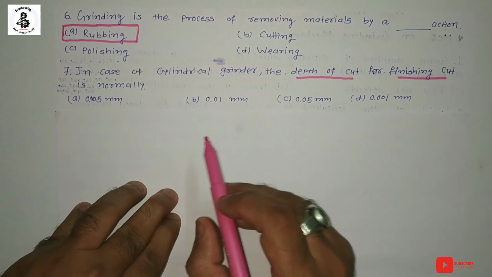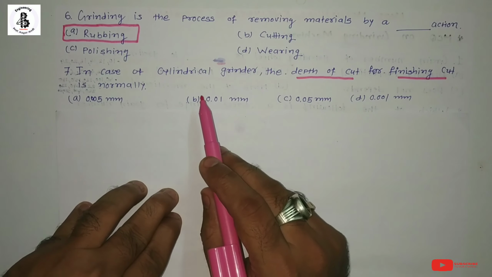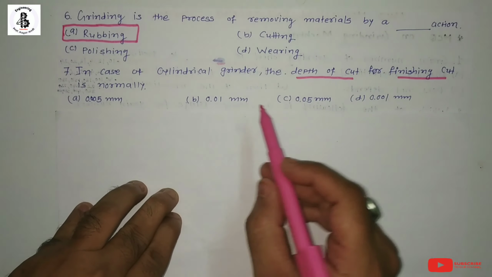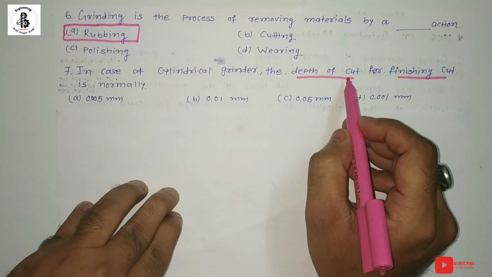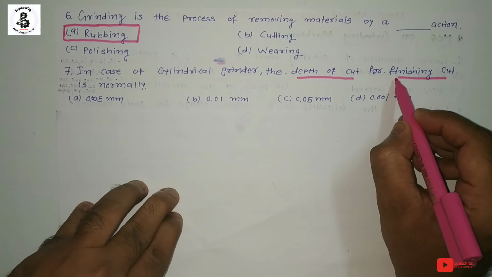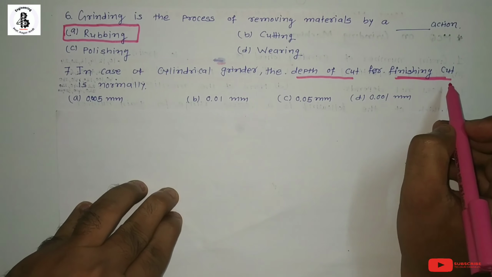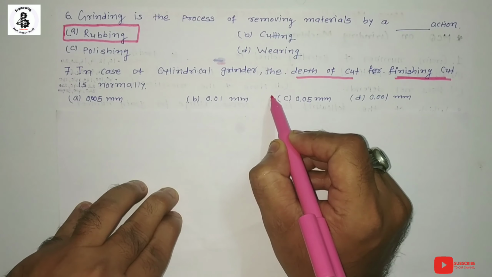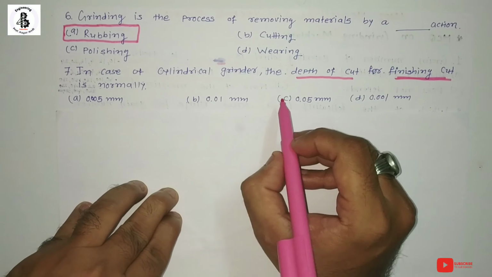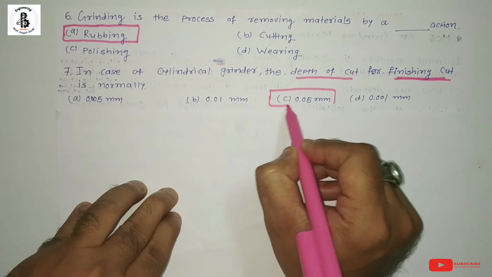Basically these are the working parameters like depth of cut required on the cylindrical grinder for the finishing cut. For the finishing cut with a cylindrical grinder, the maximum depth of cut is 0.05 mm. So option C.